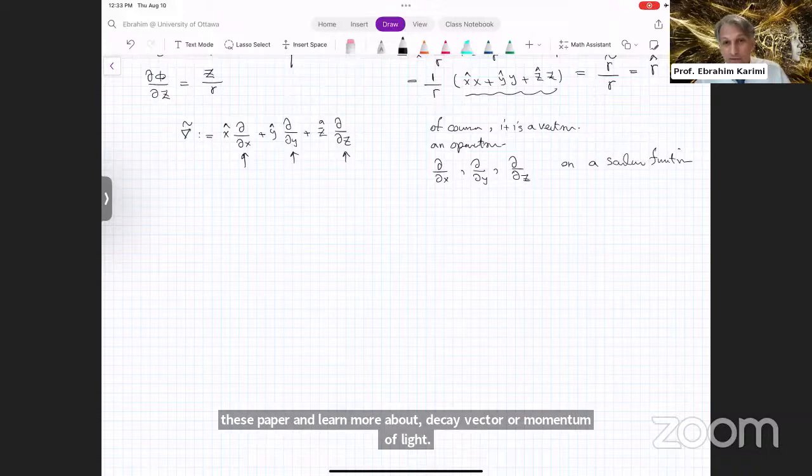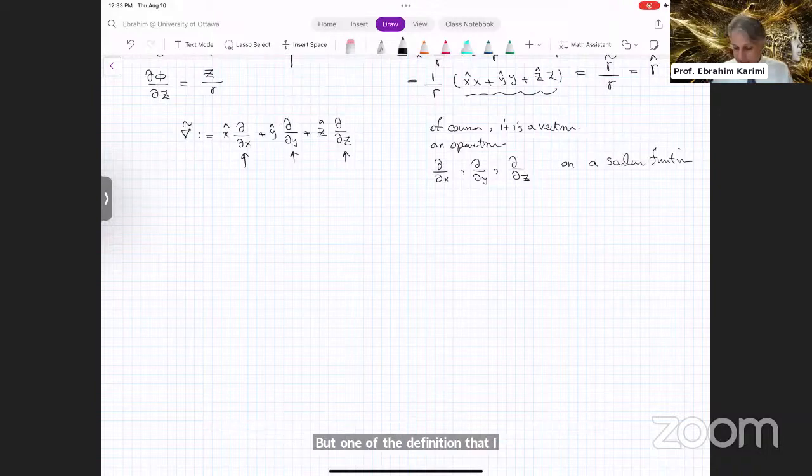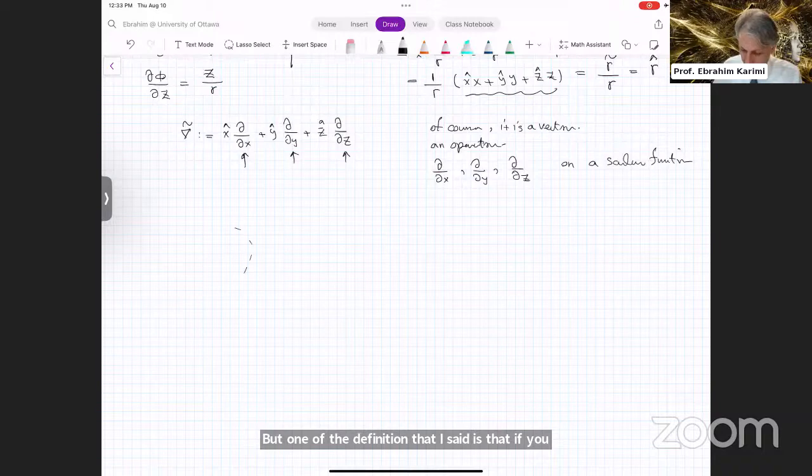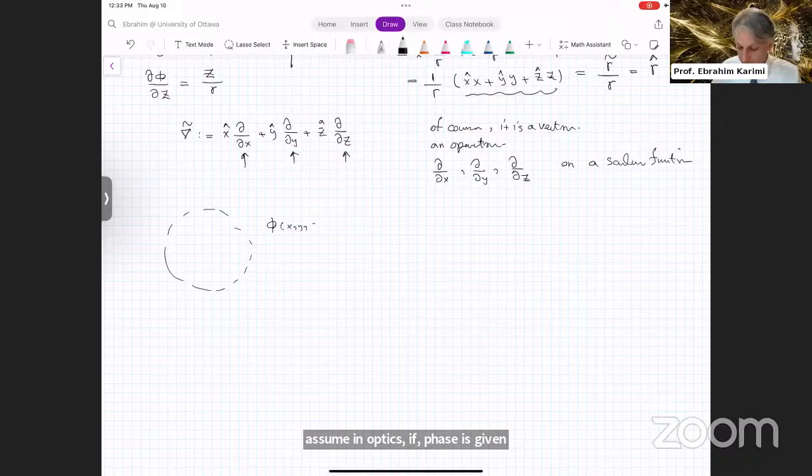But one of the definitions that I gave is that in optics, if the phase is given by a specific function, which I call phi of x, y, and z, then the propagation direction, the K vector, as we call it, is given by the gradient of phi.